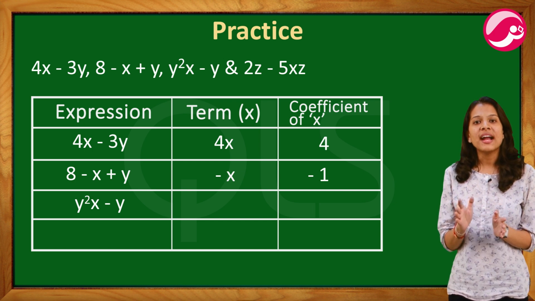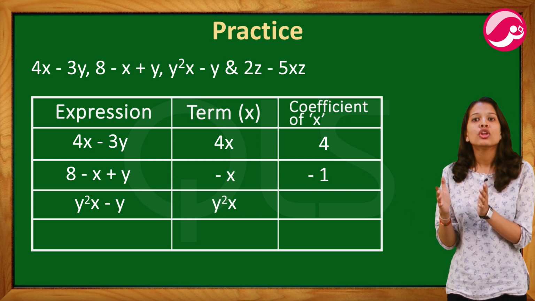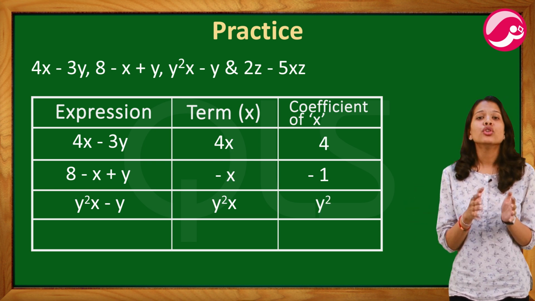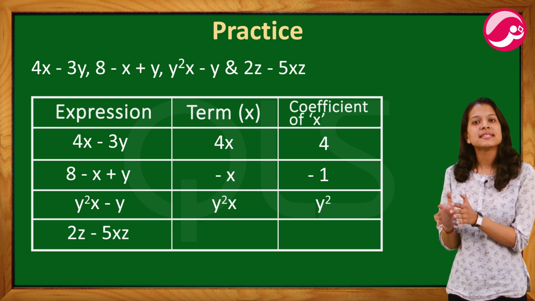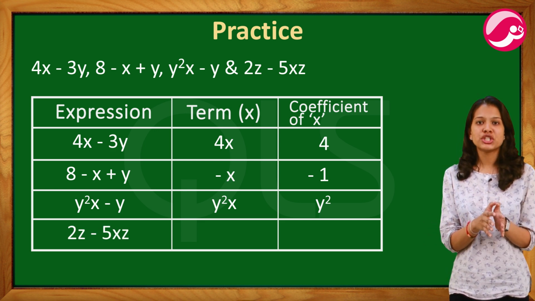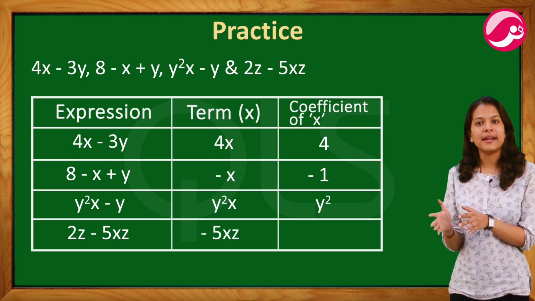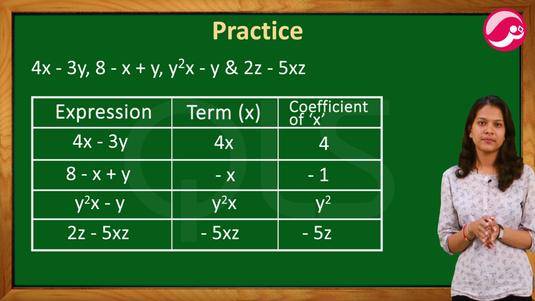The term with factor x in this expression is y²x and the coefficient of x is y². Now the fourth expression we've got over here is 2z - 5xz. In this expression, the term with factor x is -5xz and the coefficient of x is -5z.